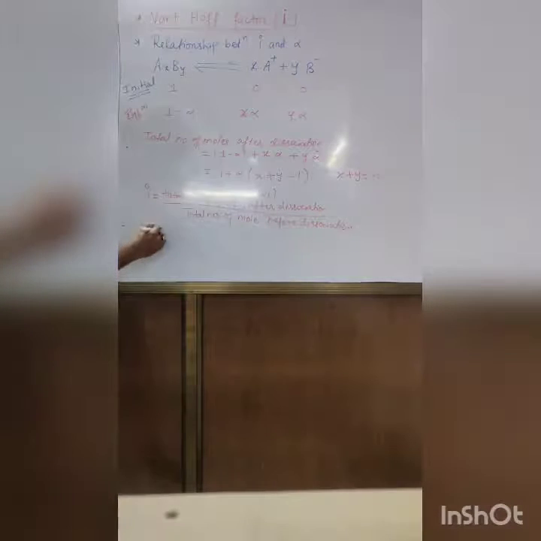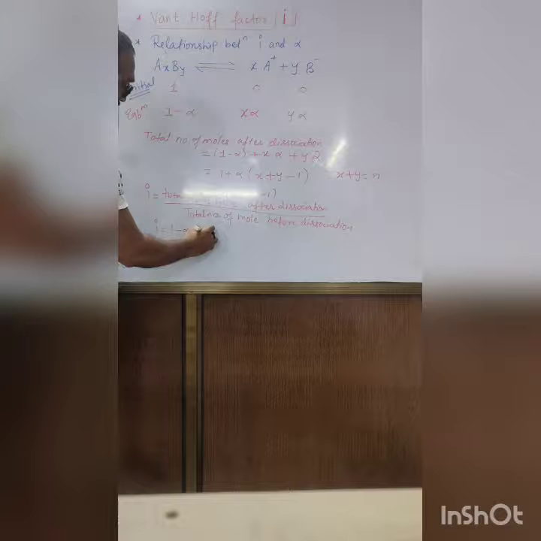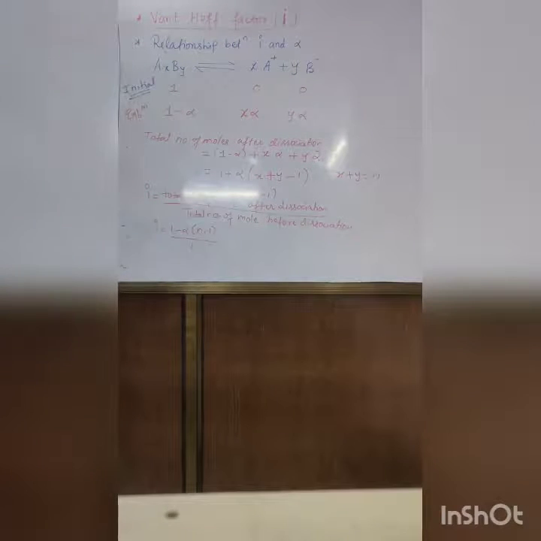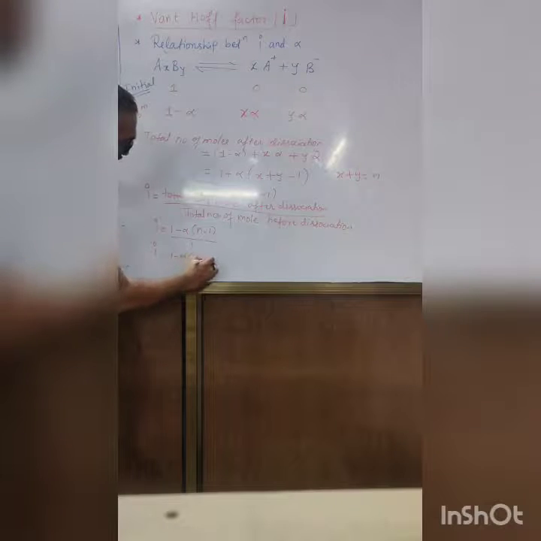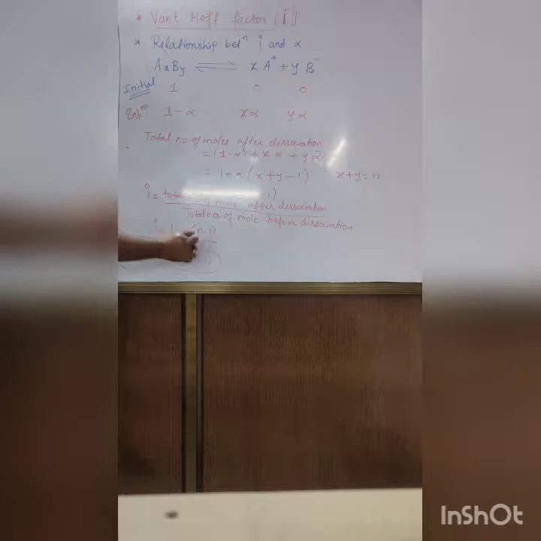So here the i value will be i is equal to 1 minus alpha plus n alpha upon 1, so indirectly i is equal to 1 plus alpha (n minus 1), because here is only 1.